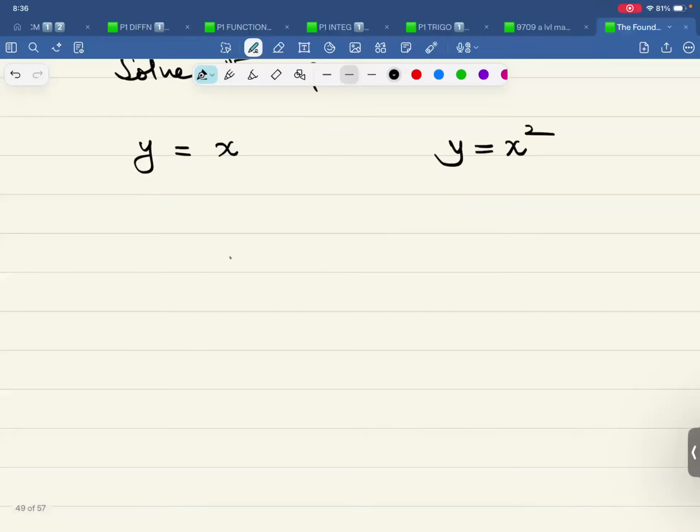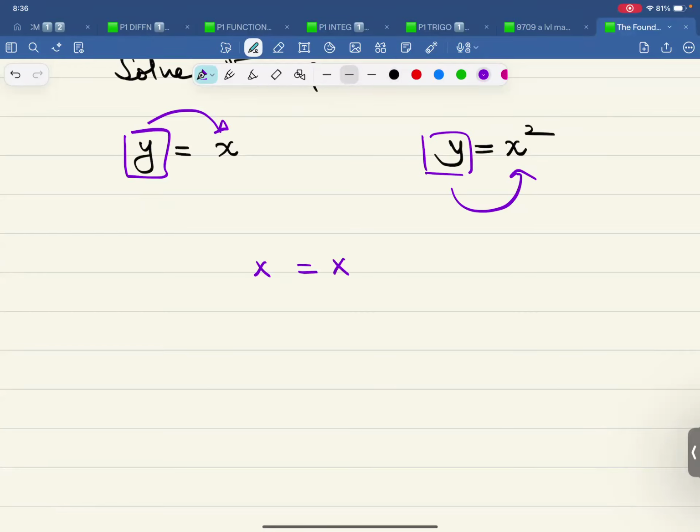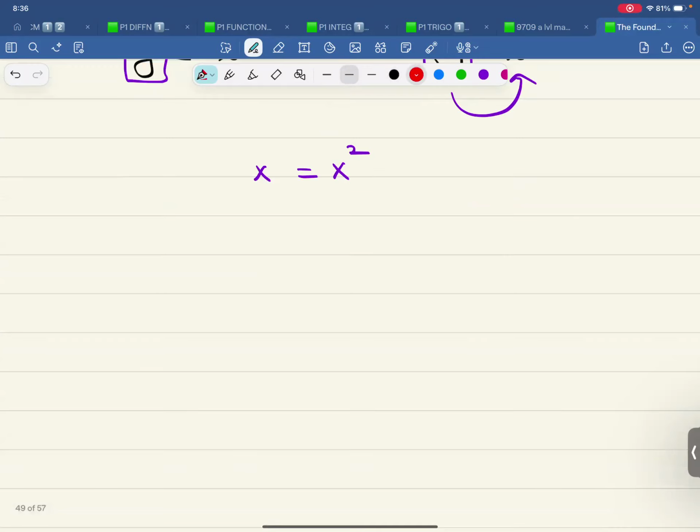This is y equals x. This is y equals x square. In other words, x equals x square. Now there are two options. First option, divide by x. Second option, take common.